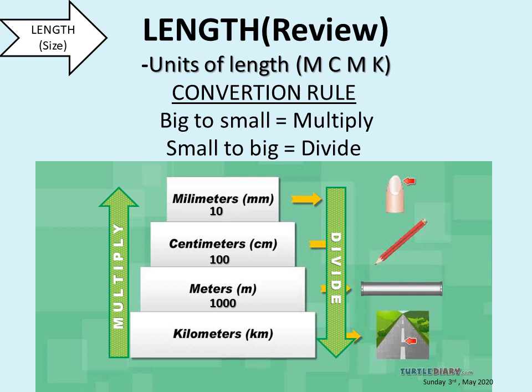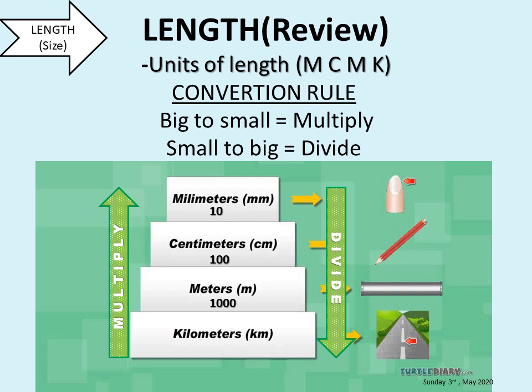Okay, so for example, if I have 50 centimeters and I want to change it to millimeters, that means I have a big block to change to a small block. What will I do? Multiply. Big to small, multiply. Now, what am I going to multiply by?